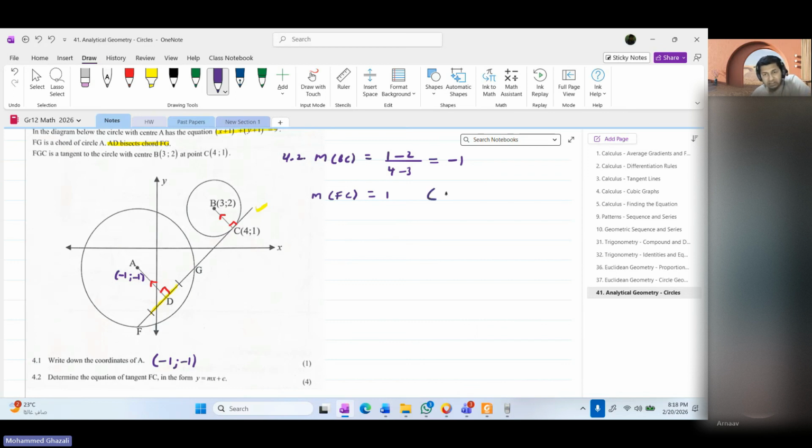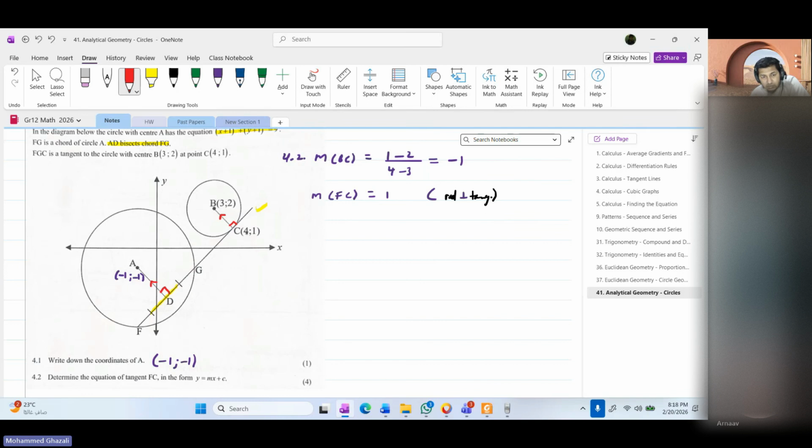Now you need to say the radius is perpendicular to the tangent. There are not only reasons in Euclidean geometry, there are also reasons in analytical geometry. Because you're dealing with circles, you have to write some circle geometry reasons. So the gradient of FC is 1, and it passes through the point (4, 1).